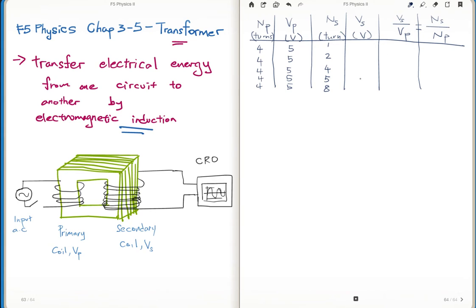If you perform this experiment, the ratio will be the same: the ratio of the numbers of turns will be the same as the ratio of the voltages. Then you plot a graph, and the secondary winding is directly proportional.